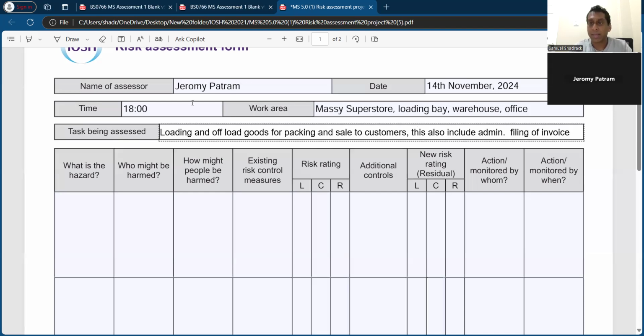So you break it down and try to describe what is taking place. Instead of saying admin alone, I had to think about what I wanted to focus on. Is it typing operations or documentation preparation? But I put filing of invoices or whatever. So that may include some of the same thing there anyway.